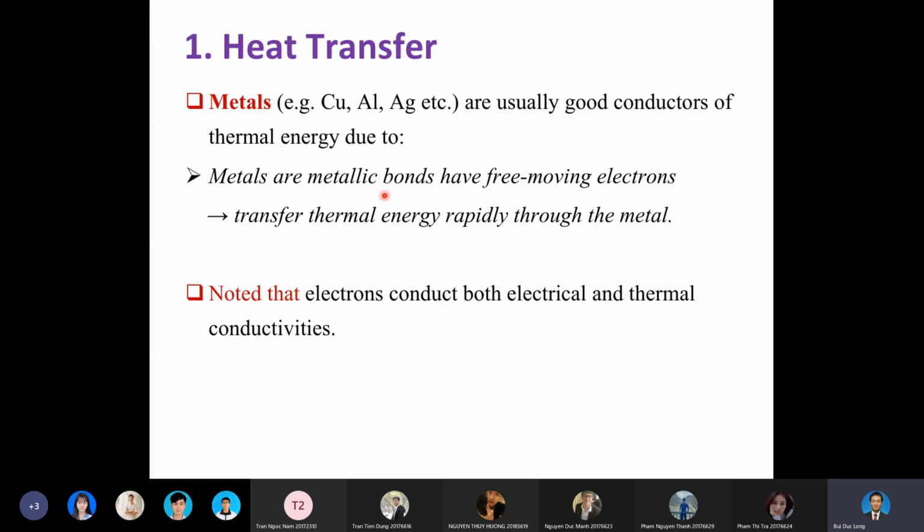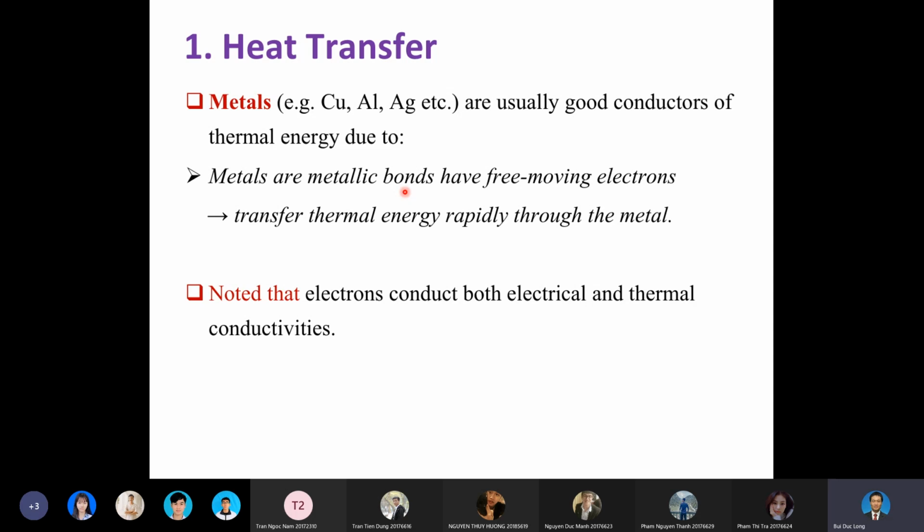As you know, the metallic bond is a weak bond. Because the electrons in the metal can move freely around the atoms, it's easy to carry heat.